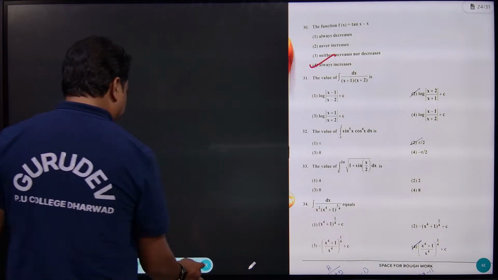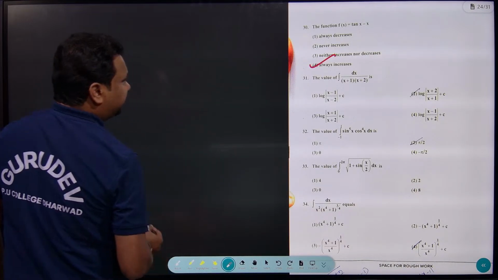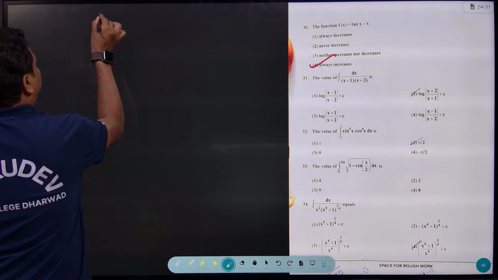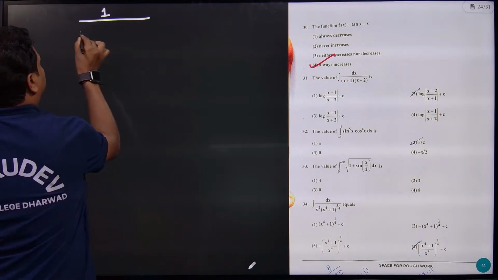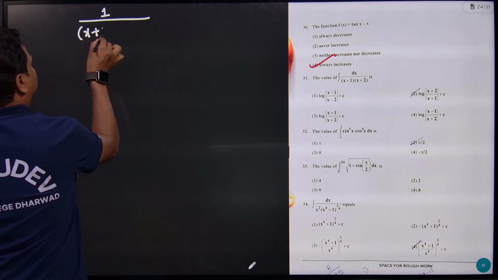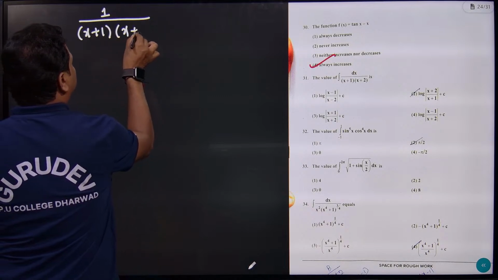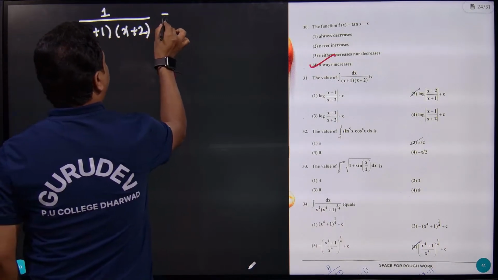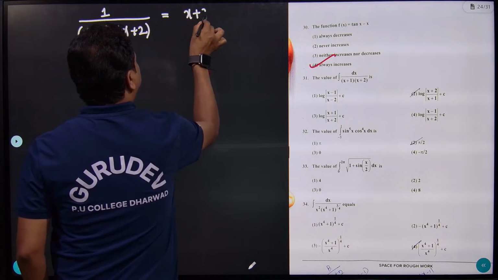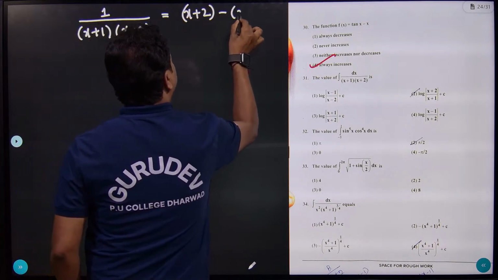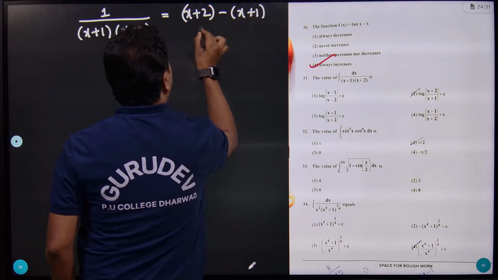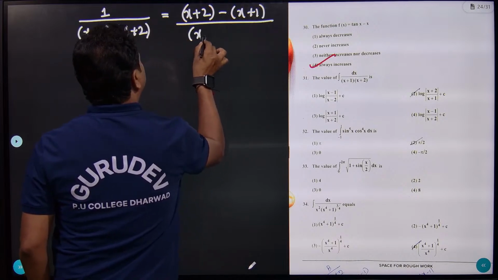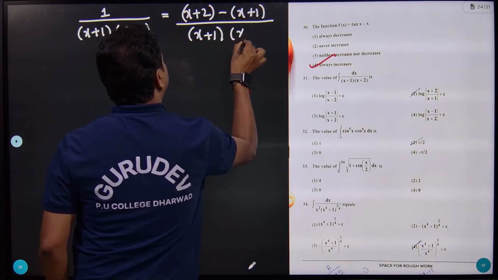Partial fractions: we have 1 divided by x plus 1 into x plus 2. There is a very simple way of solving this one. Can you write the numerator as x plus 2 minus of x plus 1, divided by x plus 1 into x plus 2? Yes, we can.